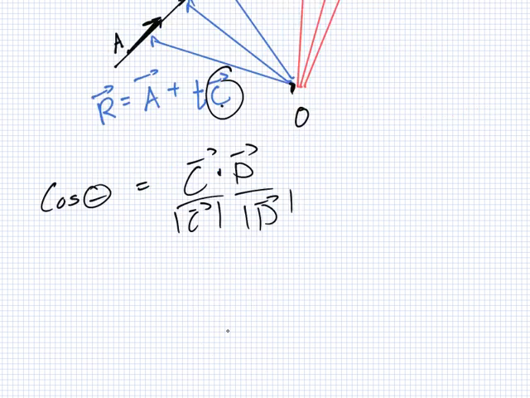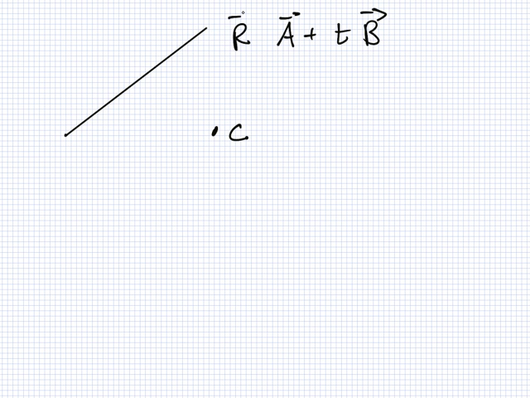Right. Next point. Imagine again we have a line. We'll call this line again A plus TB. And imagine we'll have a point here, I call it C. I want to know what is the shortest distance between the line and C. It's a perpendicular, but how can I find this?